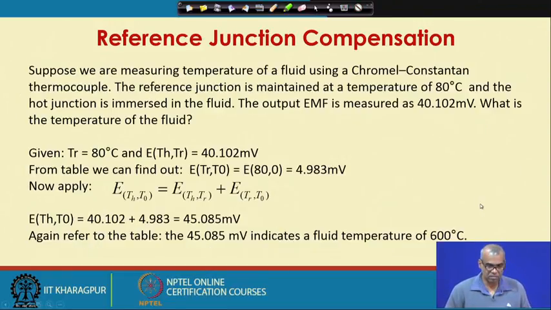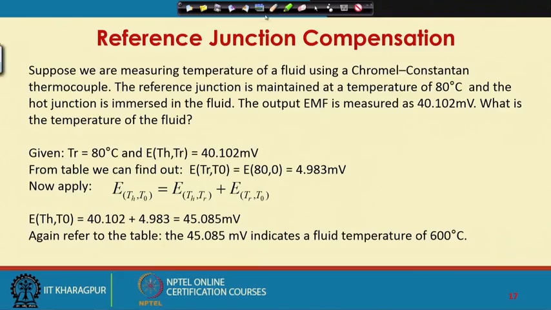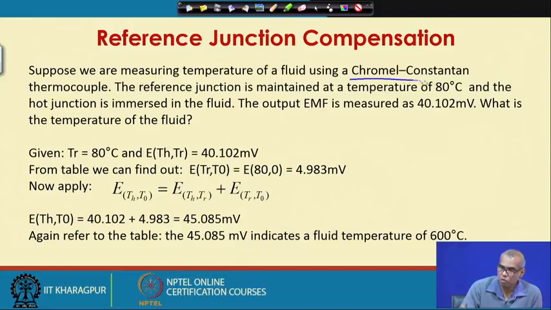So, let us take a small numerical example, so that this becomes further clarified. Suppose we are measuring the temperature of a fluid using a Chromel-Constantan thermocouple. The reference junction is maintained at a temperature of 80 degree Celsius and the hot junction is immersed in the fluid.